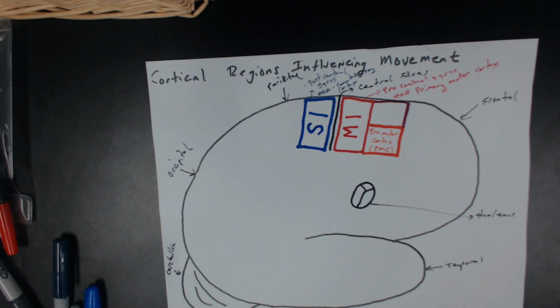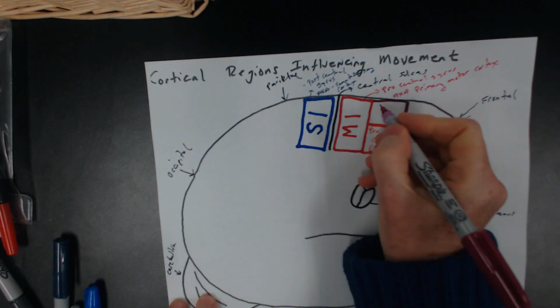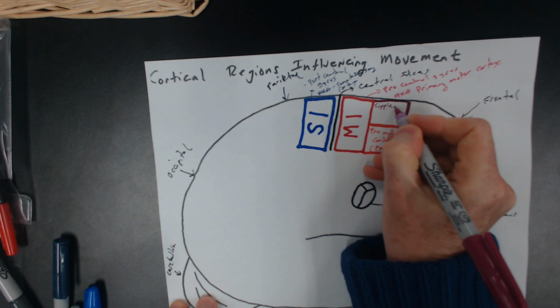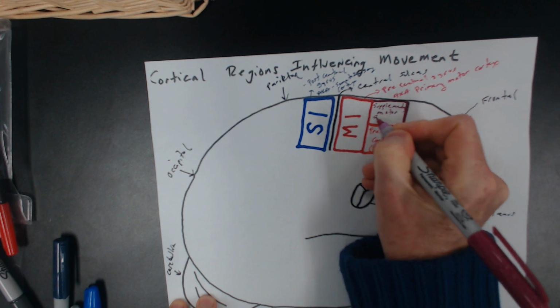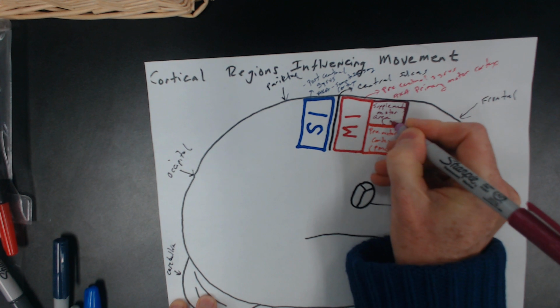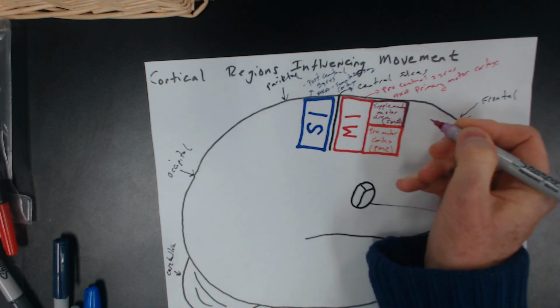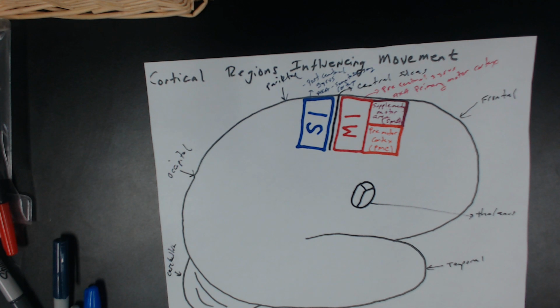It's your supplementary motor area, abbreviated SMA. Okay, so two new regions, just still in the frontal lobe. Your premotor cortex is just below your supplementary motor area. And then this is what we have for motor.